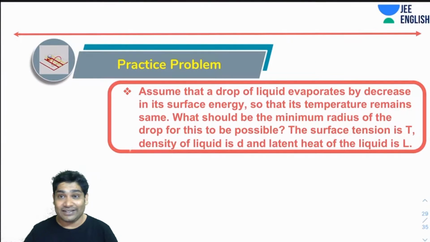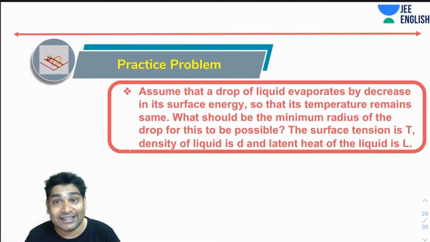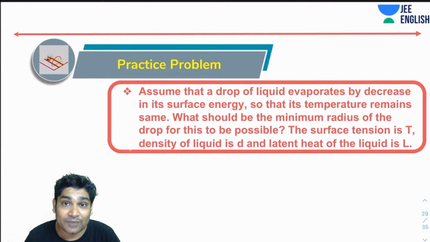Alright. So let's try one more problem. This problem says that assume that a drop of liquid evaporates by decrease in its surface energy. So when it is evaporating, you can assume that it is consuming energy from the surface, and that is how it is evaporating, so that its temperature remains the same.